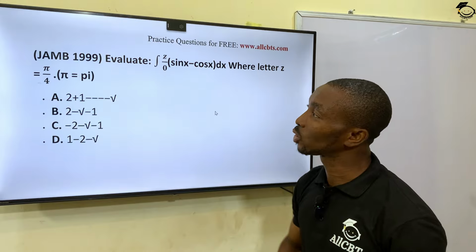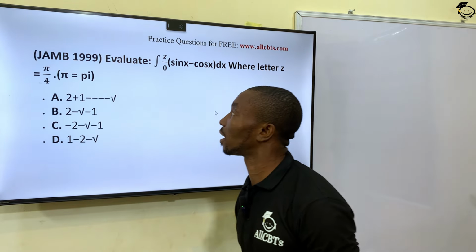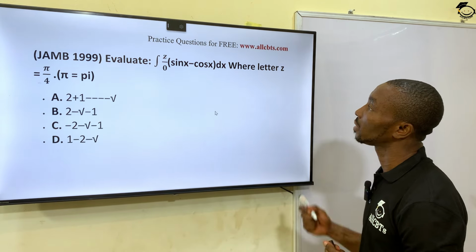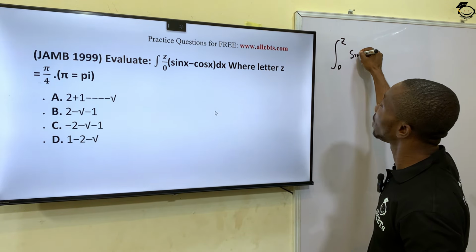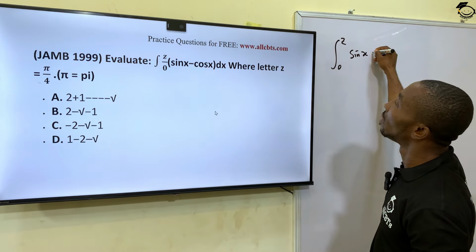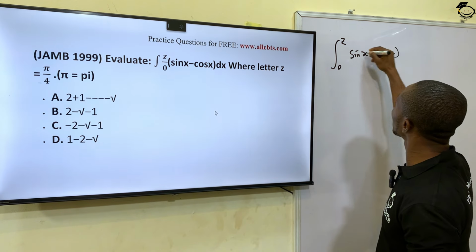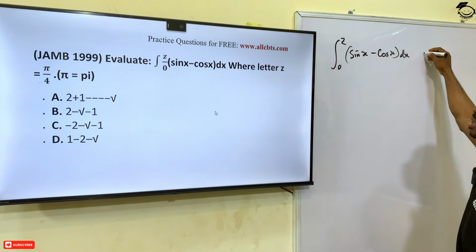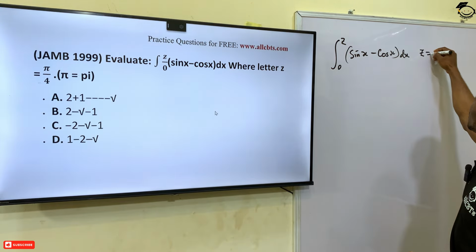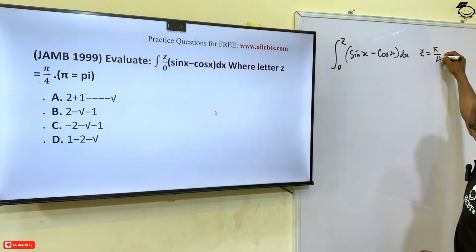All right, so our next question from 1999 says, integrate sine x minus cos x, where our limits are from z, which is pi over 4, to 0.